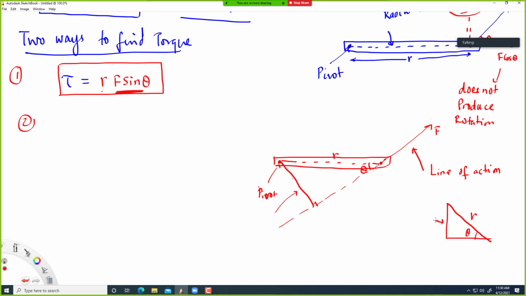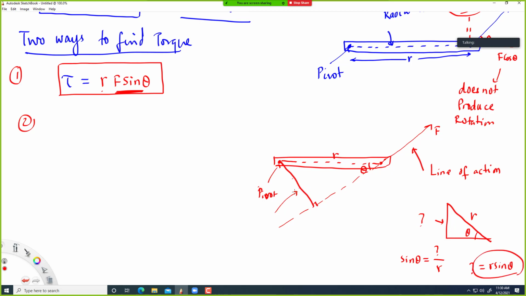What should be that side? Sine theta is opposite, which is the question mark, over hypotenuse. So the question mark is r sine theta, right?